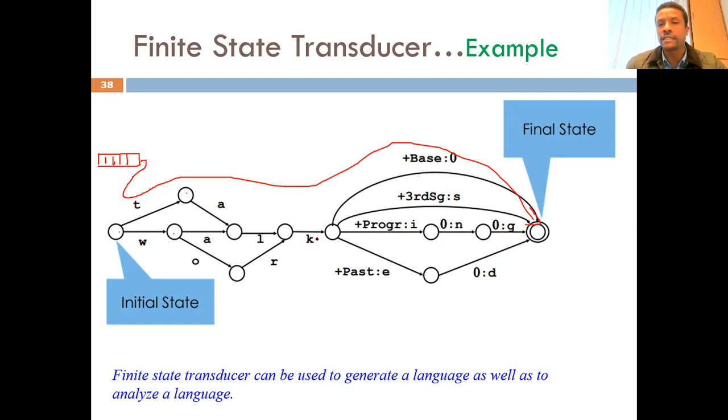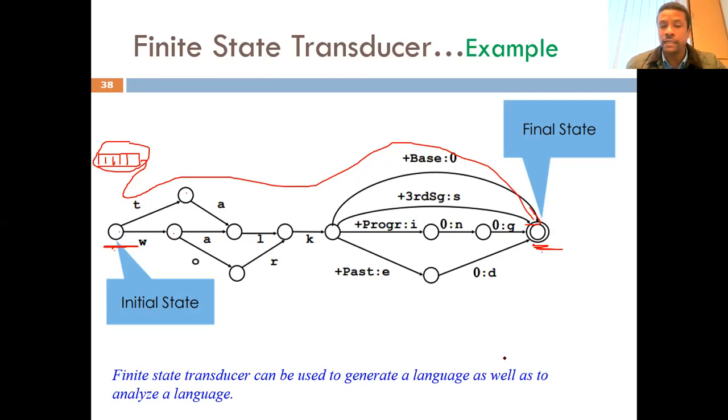So every finite state transducer will have a starting point and an ending point. Any input is said to be valid if it starts from the start symbol and ends with the final state where everything is covered. Everything in the input string should be covered.